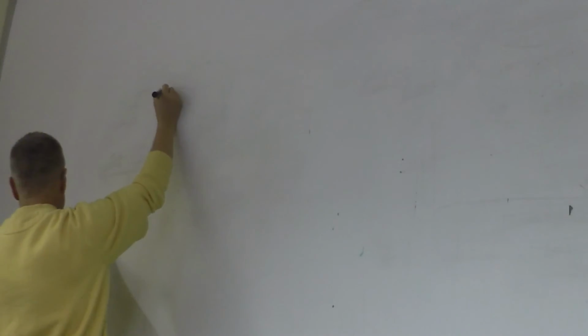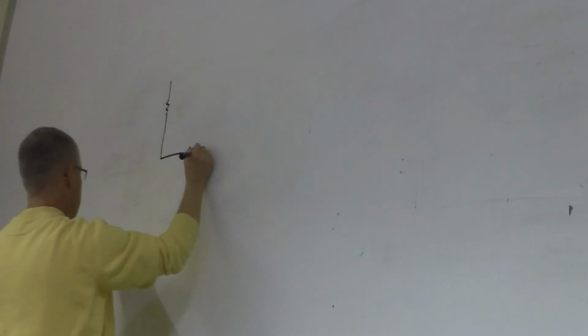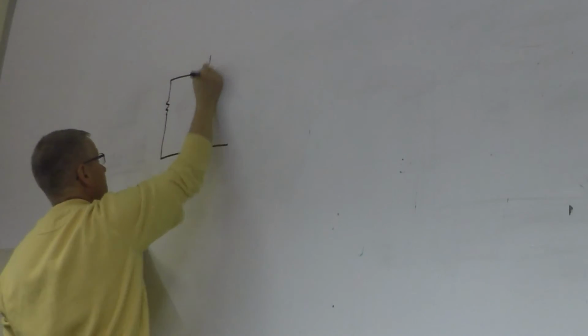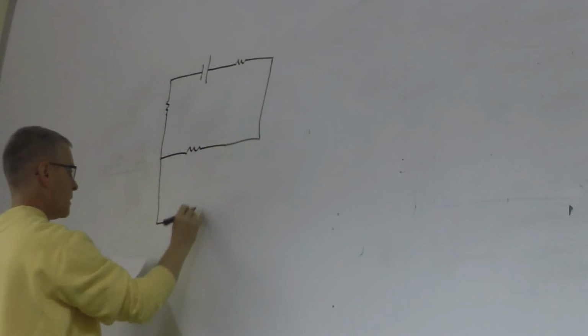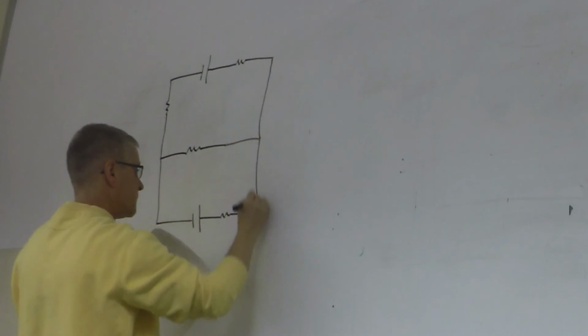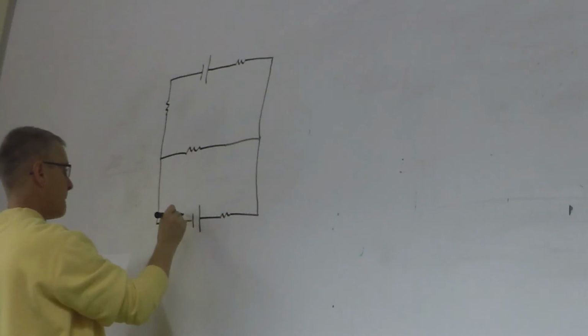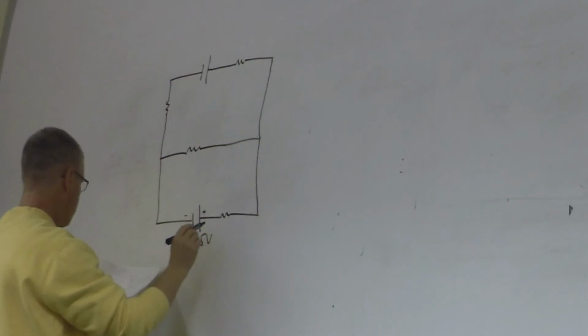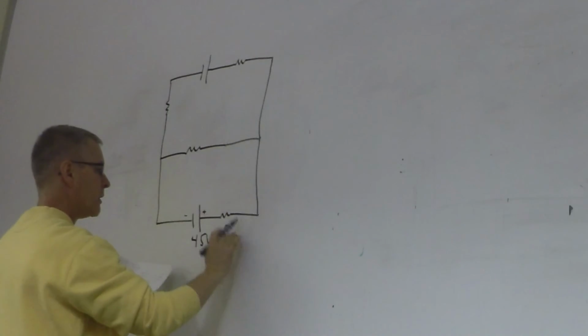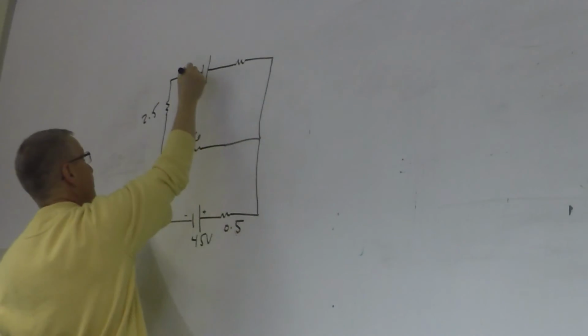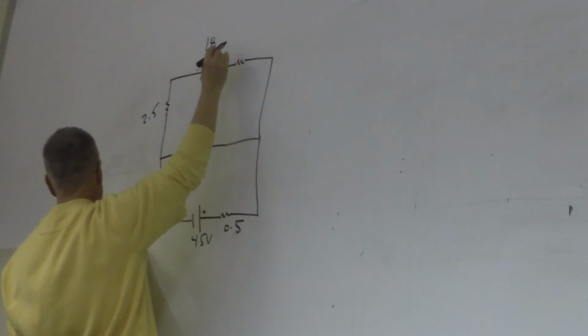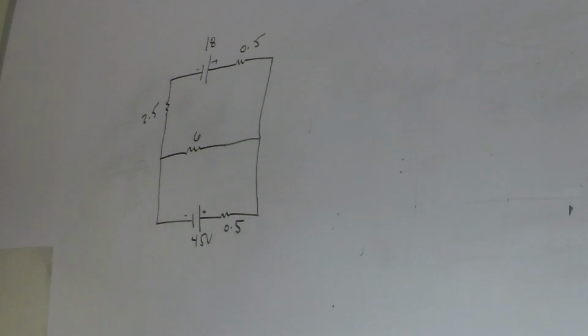So here's the circuit. By the way, again, all we're going to do are 2-loop circuits, which means your only options are either your loops are this way or they're this way.